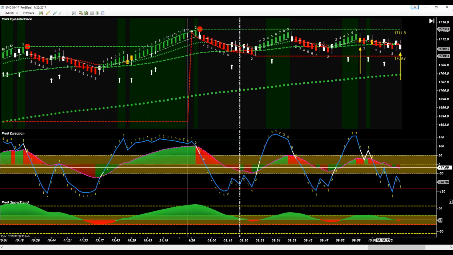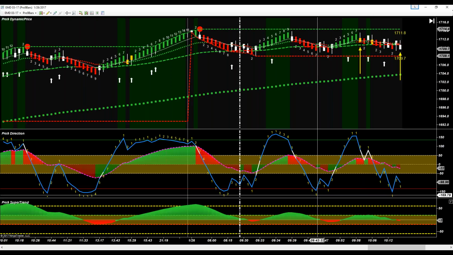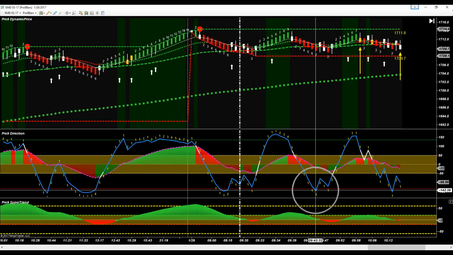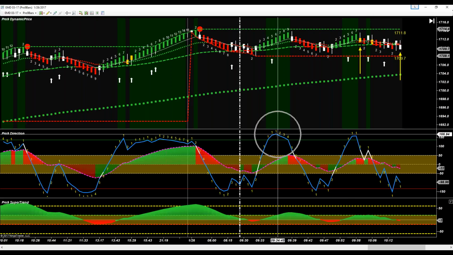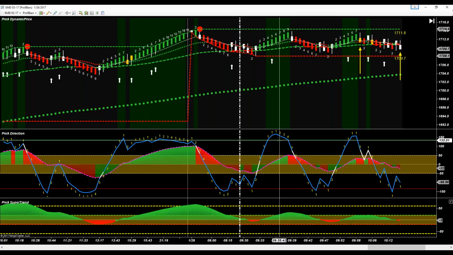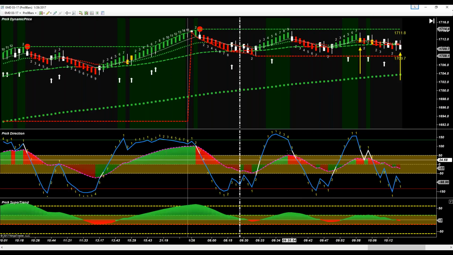And the strongest sign that we're heading into a choppy market is our blue line. Now, we really want to see this blue line traveling from our extreme zones, where the extreme zone would be this green line up here and this red line down here.